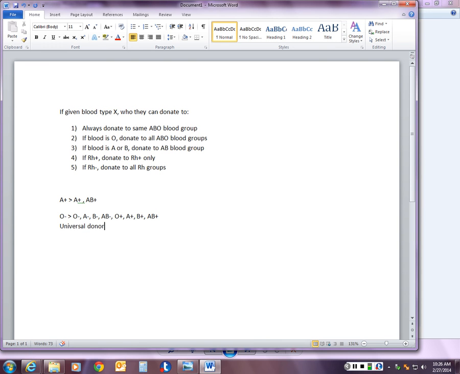O negative individuals can donate blood, at least in our setup, to all individuals. So these are the rules for figuring out who a given blood type can donate blood to. But let's switch it up a little bit. Let's say you're given blood type X.